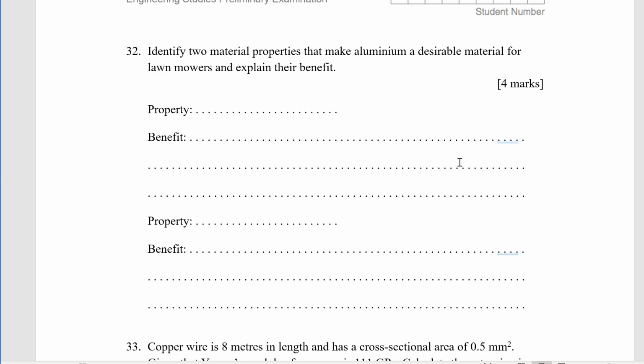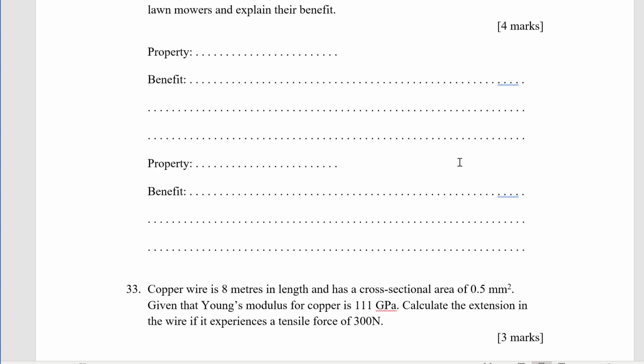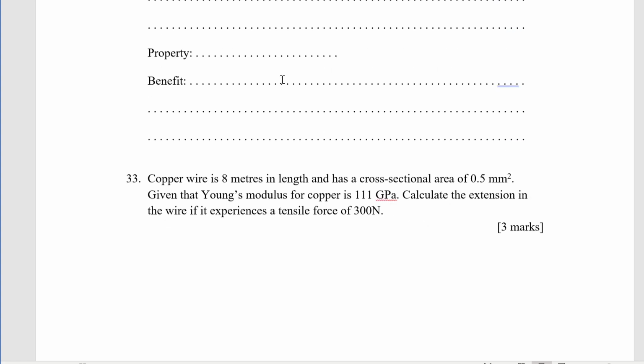The benefit is that it reduces the weight of the lawnmower for users, making it easier for them to lift it in and out of the garden shed. The second property is that they're corrosion resistant, which means that they have a longer service life. They're not going to need to be replaced as often. Copper wire is, they're the 2 go-to answers, right? That's pretty easy. 1 for the property, 1 for the benefit.